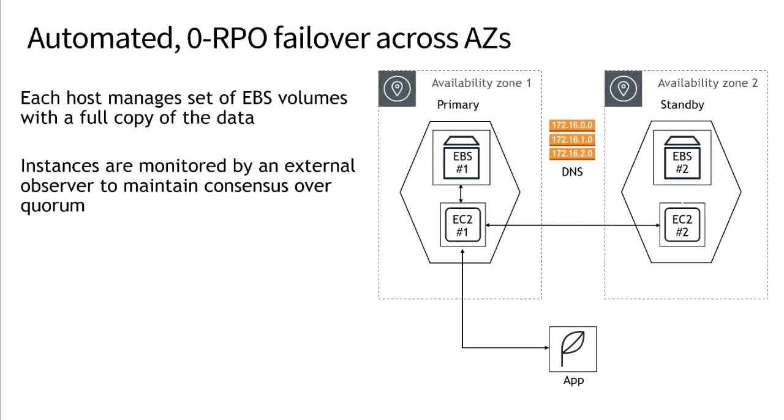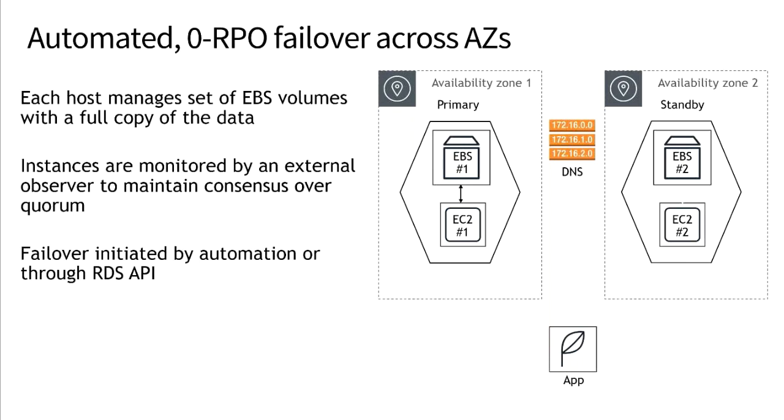The application in this example is talking to the primary database. And the storage is using EBS, which is Elastic Block Storage, an AWS storage service. And you see that the application has the DNS or IP address of the primary database.